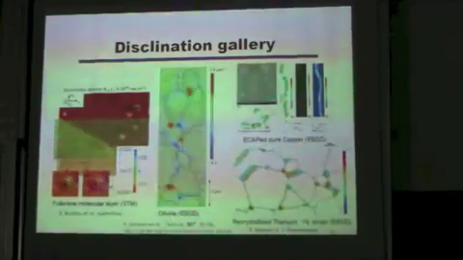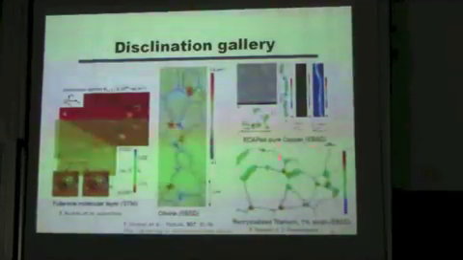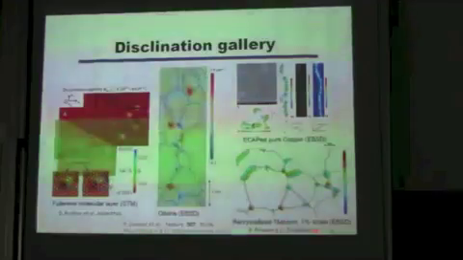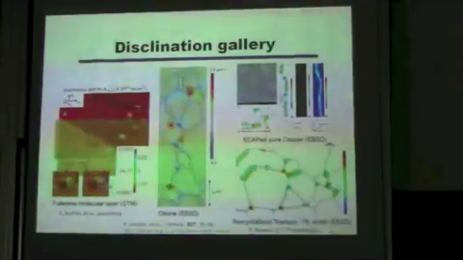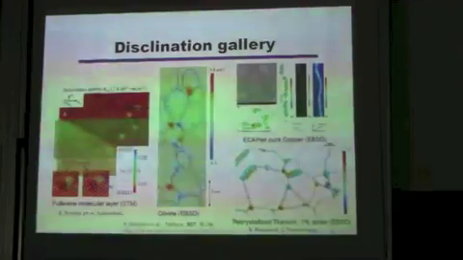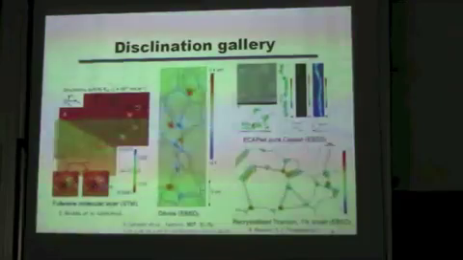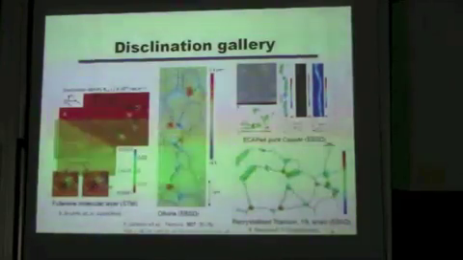So in olivine, in copper, this is in recrystallized titanium with a very small strain. So all these were obtained by EBSD, electron backscatter diffraction, using the maps of crystallographic orientation that we can obtain from this technique.